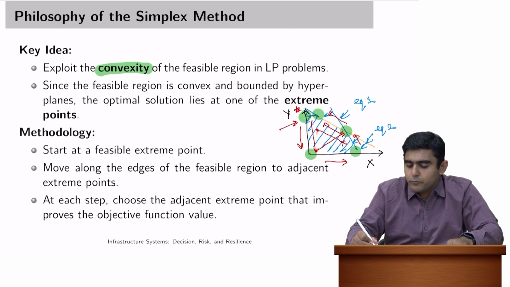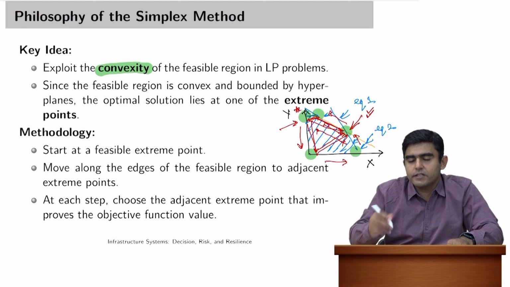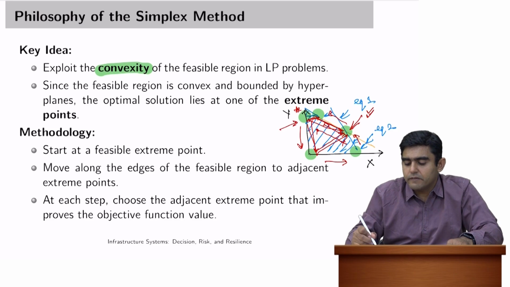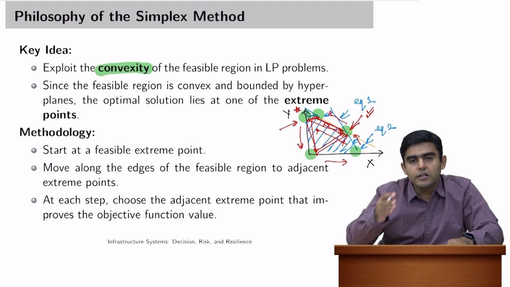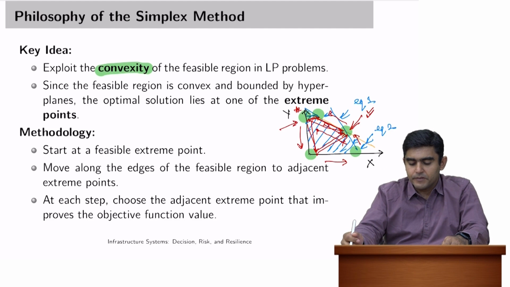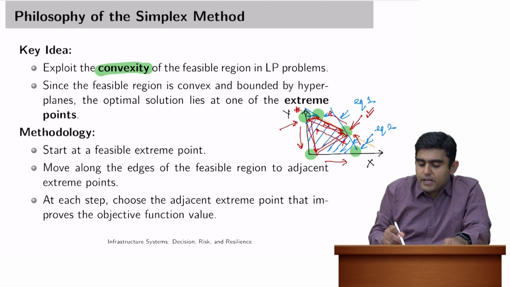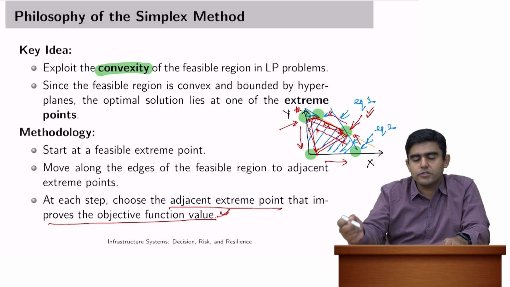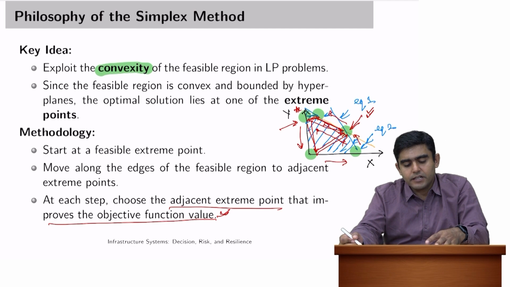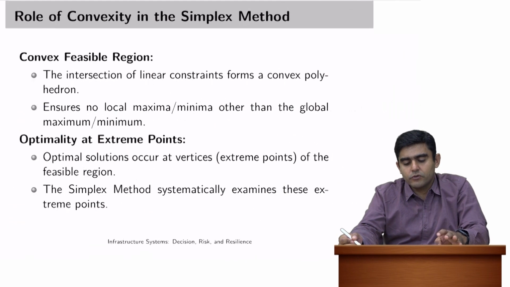If this is our starting point and, hypothetically speaking, this happens to be our extreme point, we will try to go here either directly or through the shortest path, or a relatively shorter path than traversing across all the points. And what we do is that at each step we choose the adjacent extreme point that improves the objective function value, and this entire idea and methodology together gives us the simplex method.